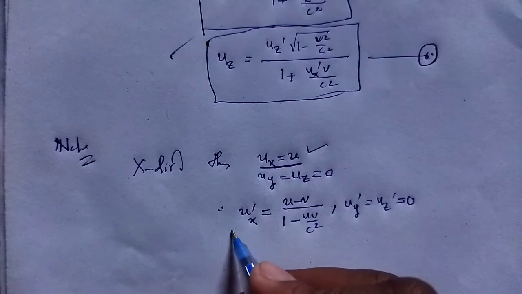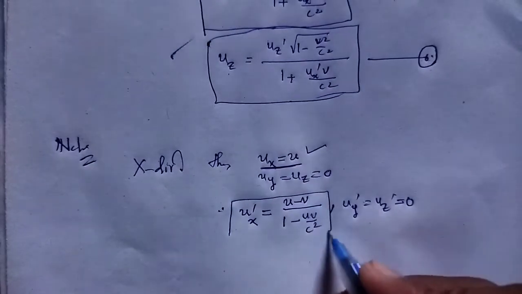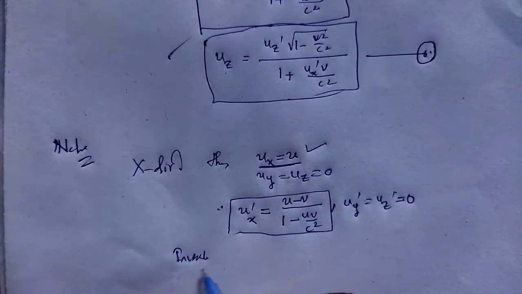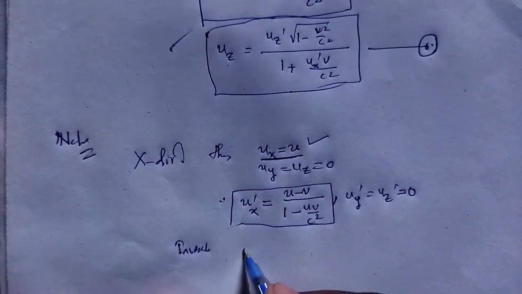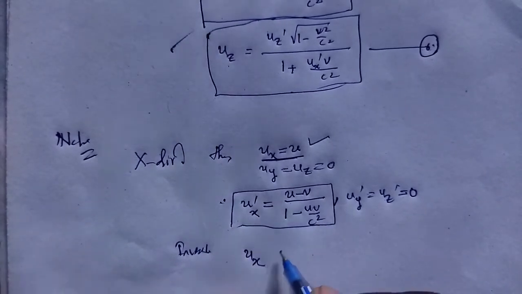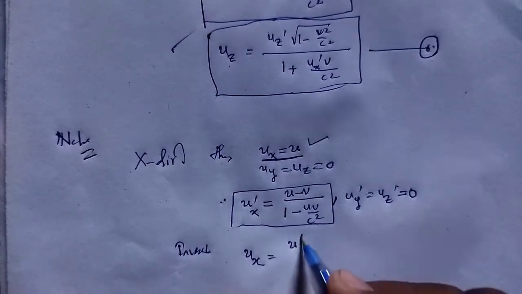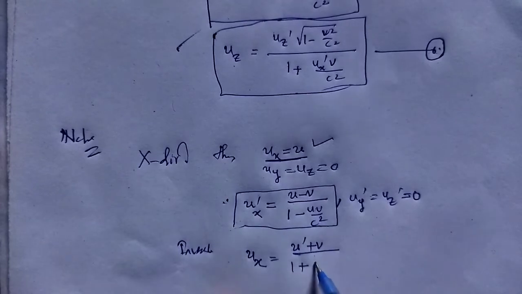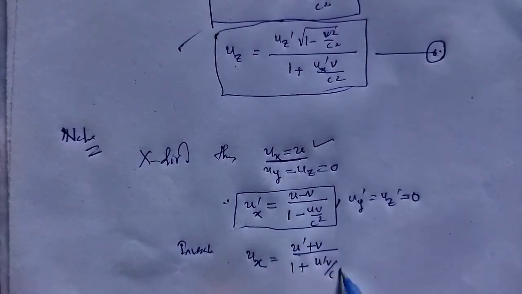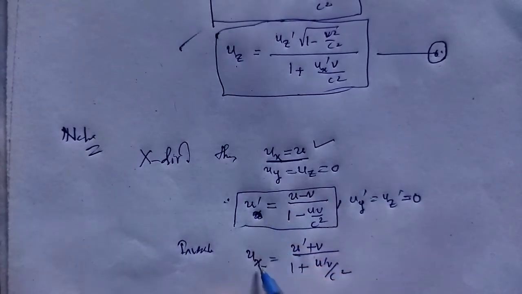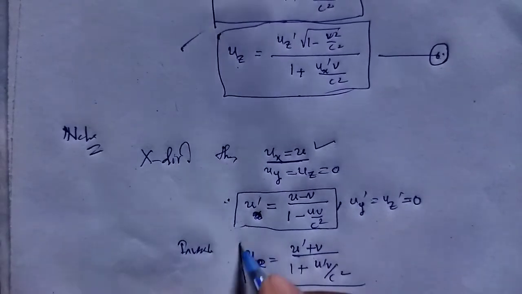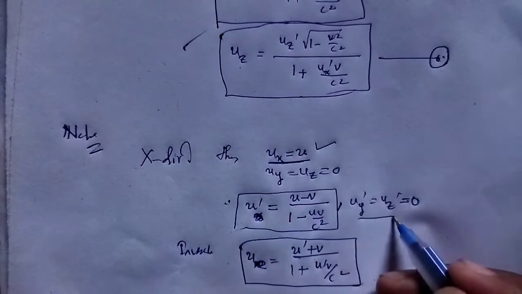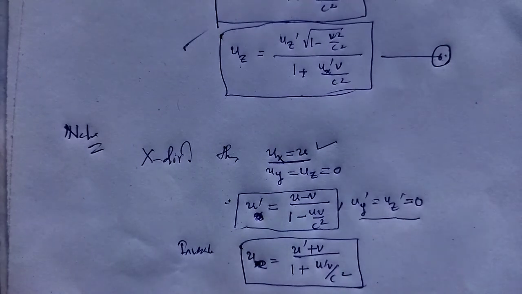This is the Lorentz transformation. Then its inverse relation will be how much? That is ux is equal to u dash plus v divided by 1 plus u dash v divided by c square. That is not x, that is only x, since ux is equal to u. Next, these two terms are 0.